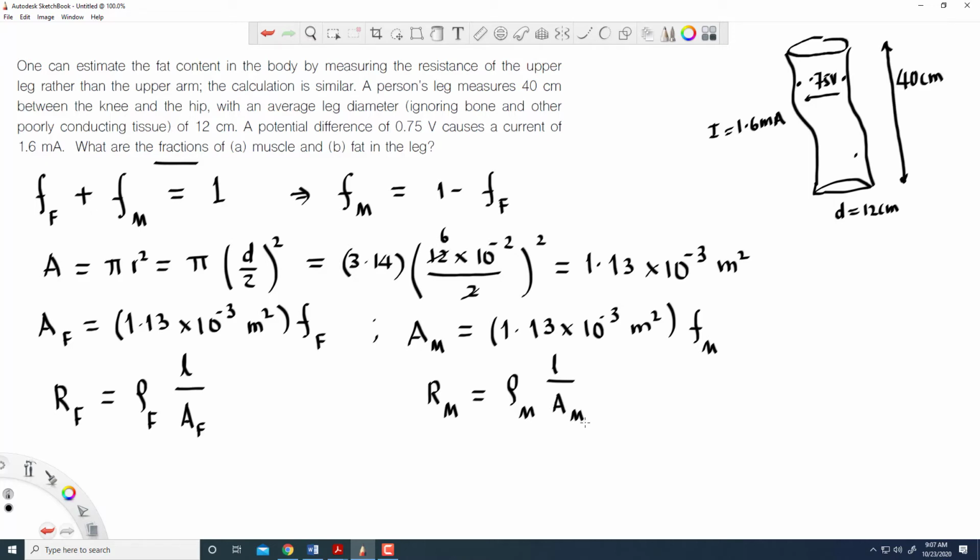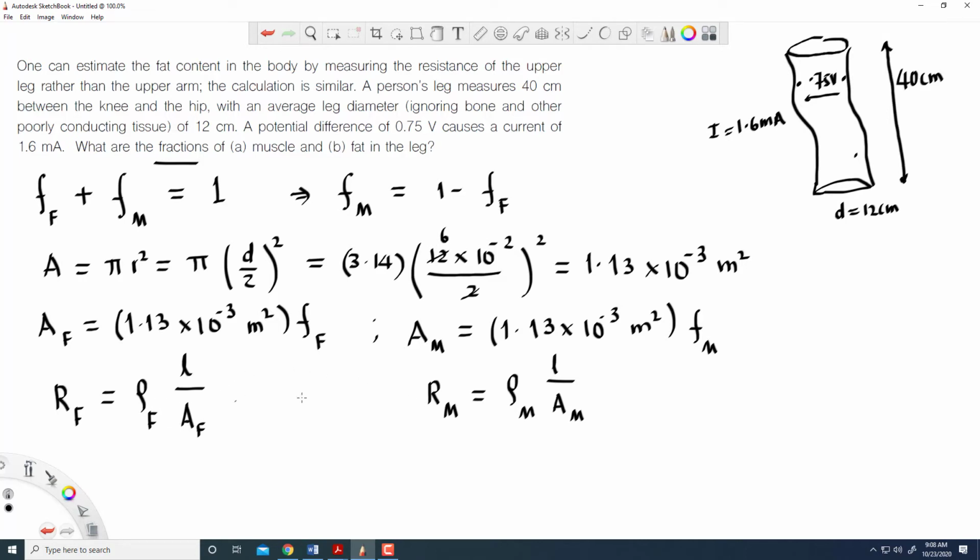I am using the same length because the length is the same throughout the leg. Okay, so length is the same. What is different is the area. Throughout this length there is both muscle and fat, only the area is different.